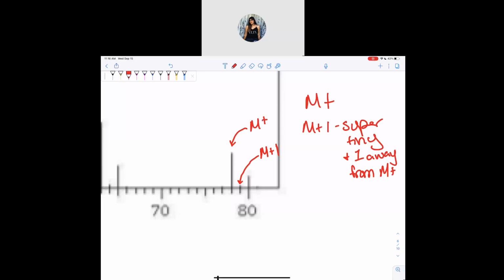And in this case, we do have another peak after the M+1 that indicates an M+2 peak. So now we're going to figure out how the size of our M+2 compares to the M+ peak. And if you just look at it, it looks to be about 1/3 the size, but let's just double check.